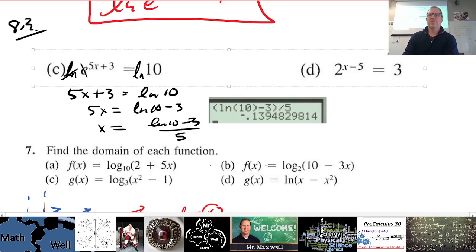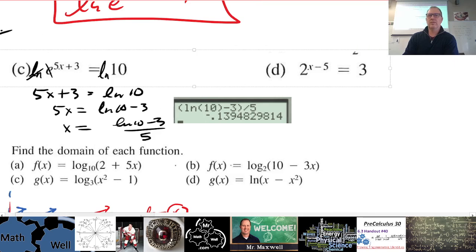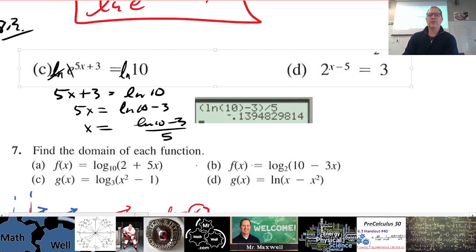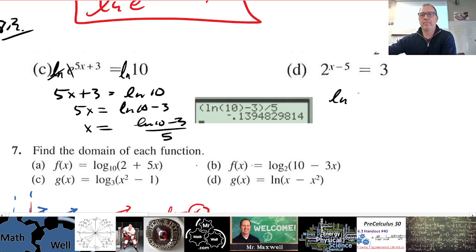So the D, let me see, what would you do there? You could take the natural logarithm of both sides as well. You could also do log base 2 to both sides.